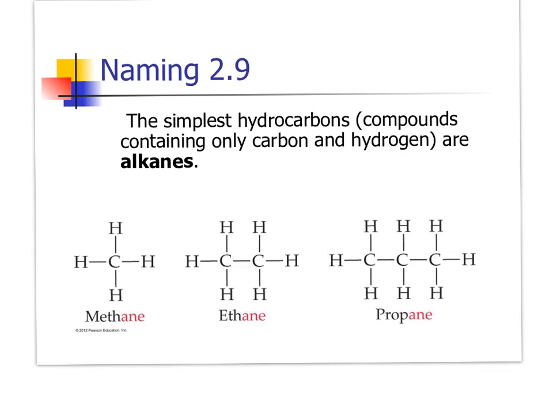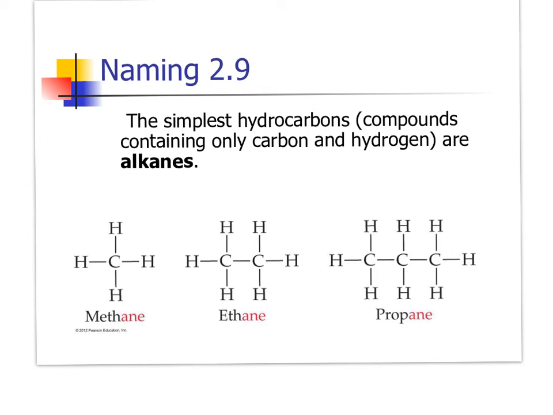Then you have ethane and propane, the famous propane and its byproducts that some of you might heat your house with. It's also used in many cases for grilling. We're not going to debate whether grilling or barbecuing with charcoal is better. It's just giving you the heads up that propane is this.